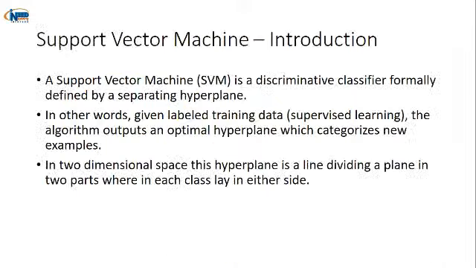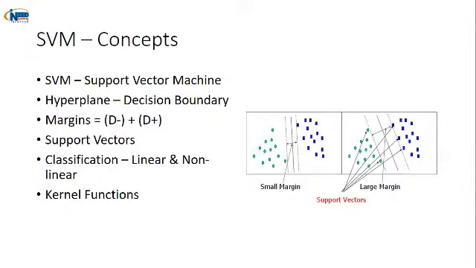Here in the diagram we have two types of data items. One type has a different color and is circular in shape, and the other is dark blue and square in shape.